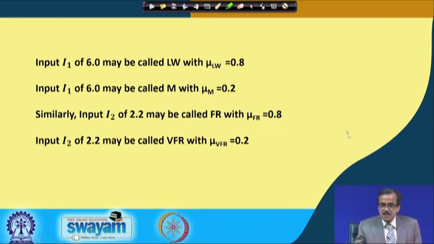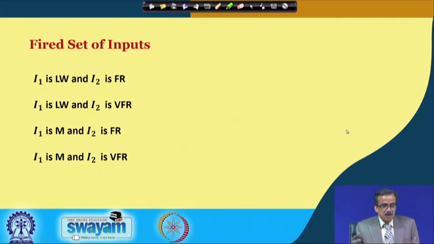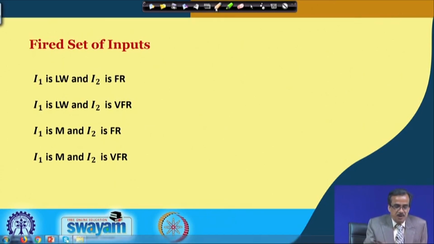And once we have got these membership function values, we are in a position to find out the weight of each of these fired rules. Now, before we calculate the weight of the fired rule, let me mention here the set of the fired inputs. The set of fired inputs are as follows.